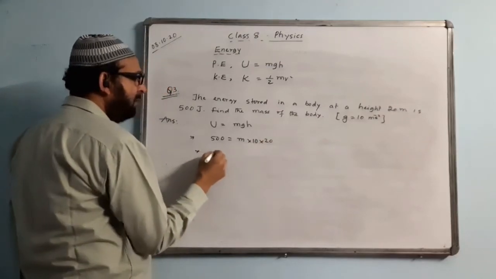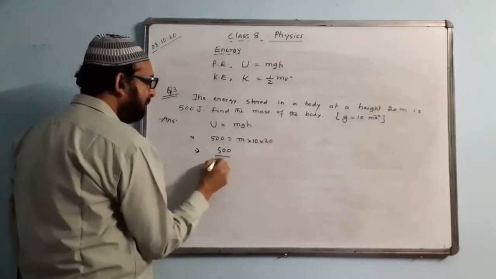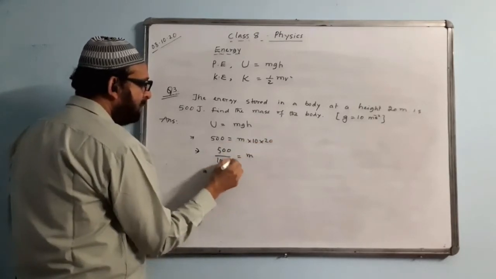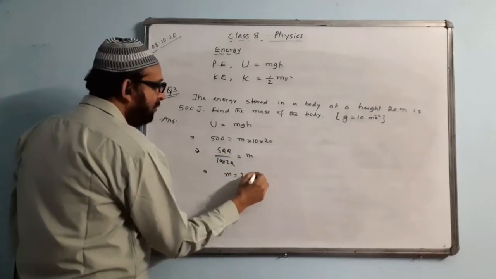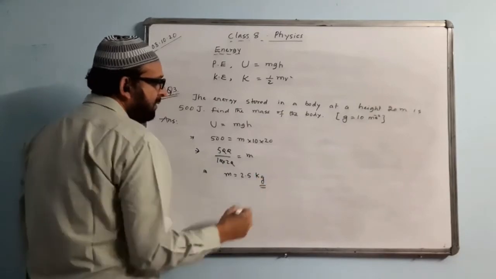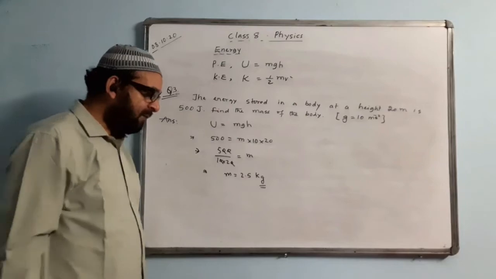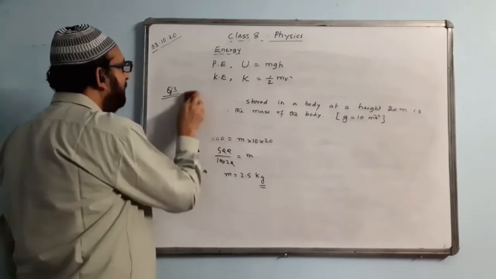Now we find the answer. 500 divided by 10 and 20. Cancel it. We get 5 by 2, 2.5. Unit of mass will be kg, so you have to be careful about the units. So the answer is coming 2.5 kg. So these are the types of problems on potential energy.